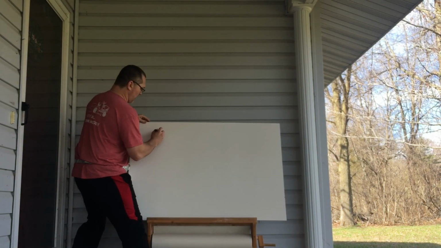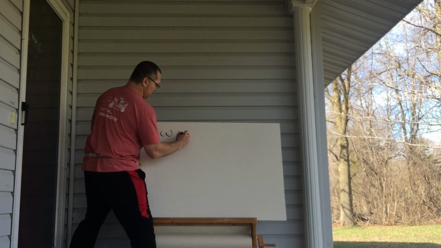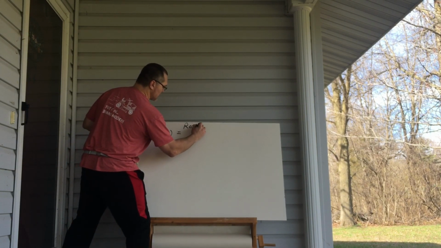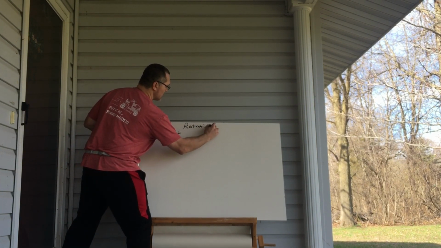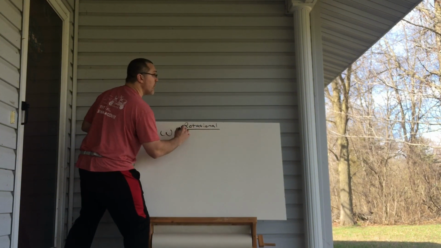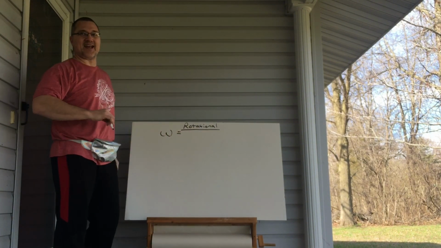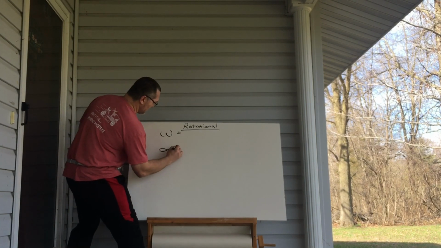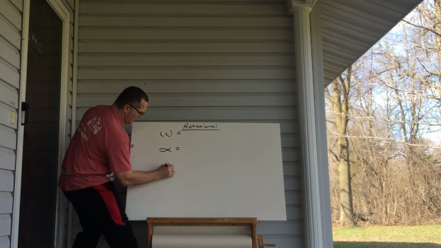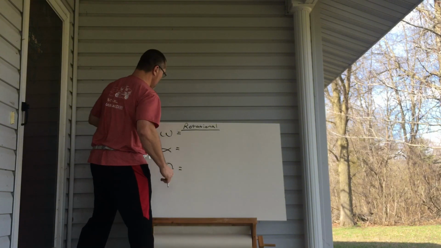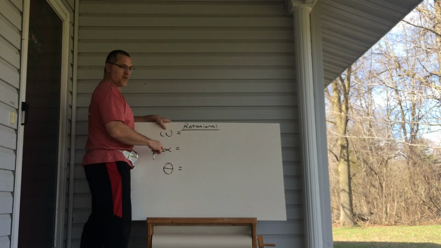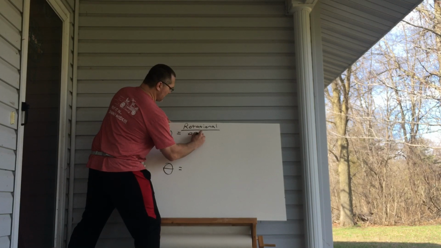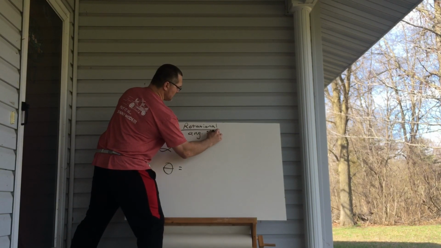So as we said before, you have wombo. This is for the rotational motion now. You have alpha. And you have theta. So, wombo, or omega, is your angular speed.